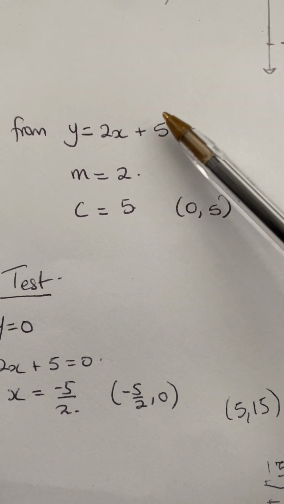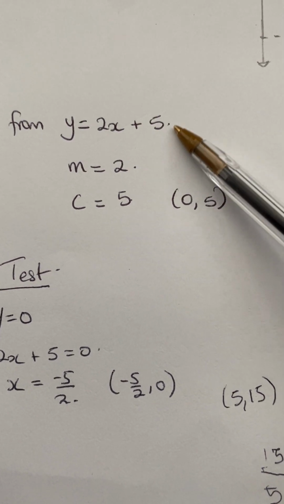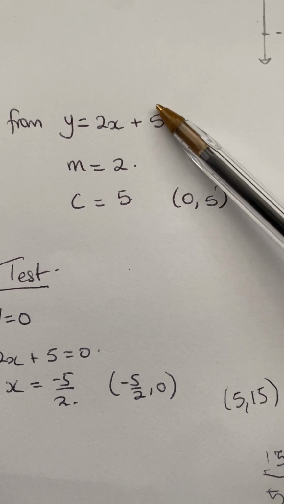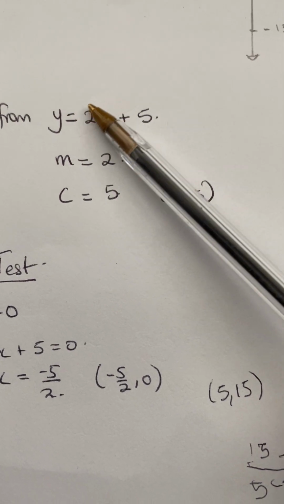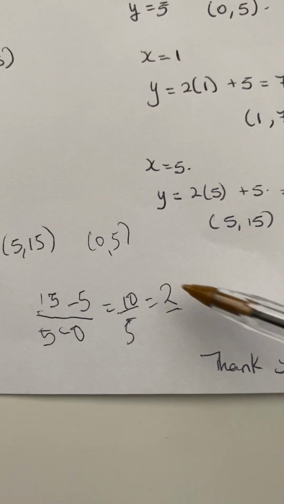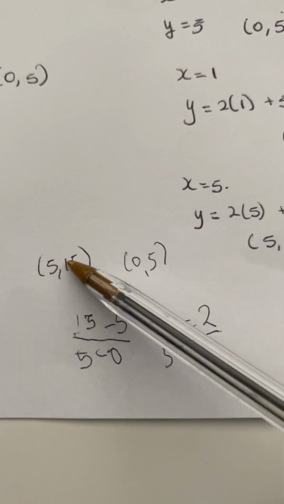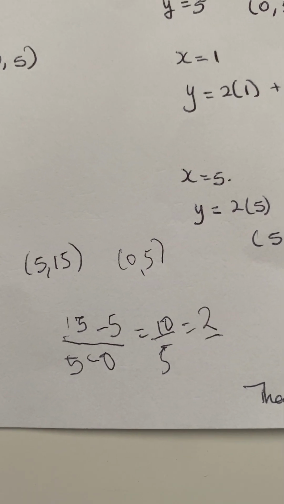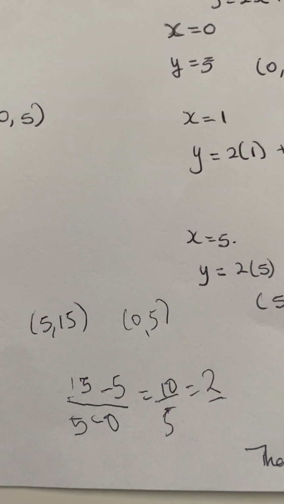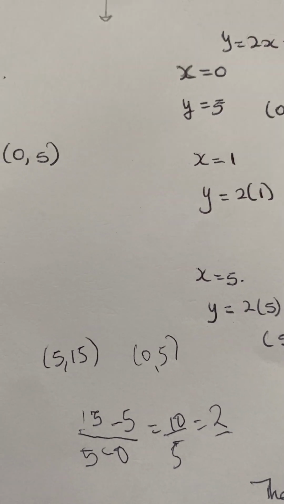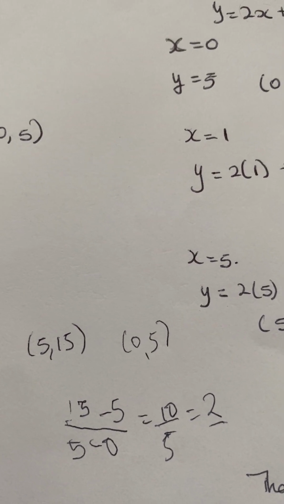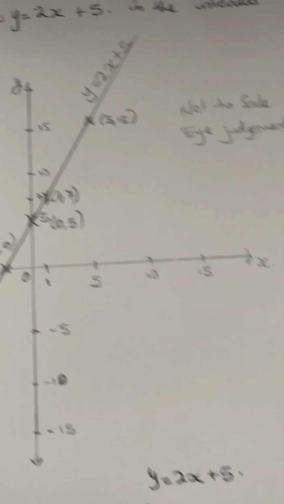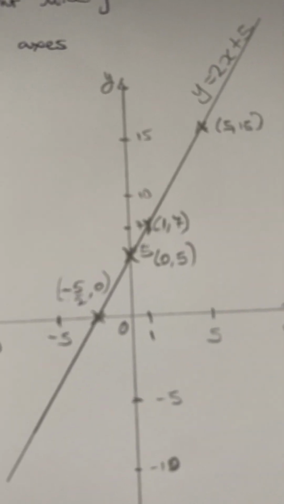We saw our y-intercept from the equation, and we knew our gradient is 2, which we tested here using these 2 points. So basically that is how you draw a straight line graph.